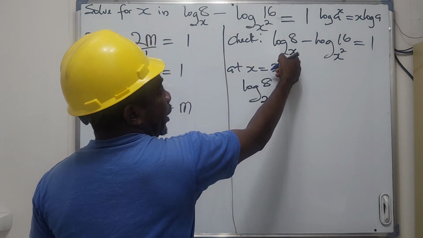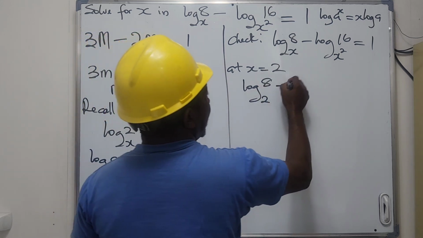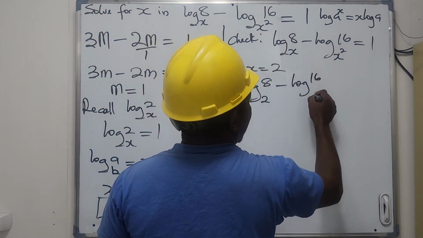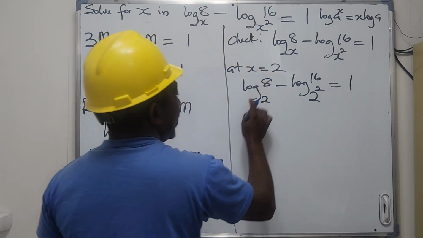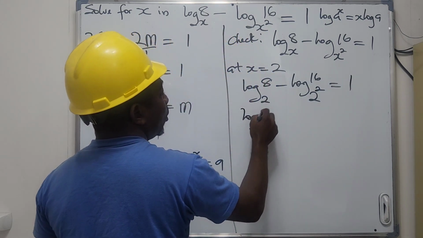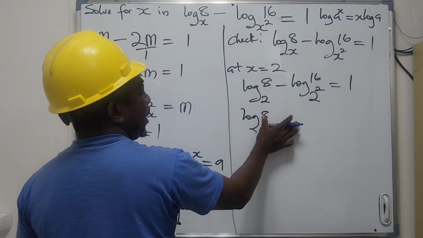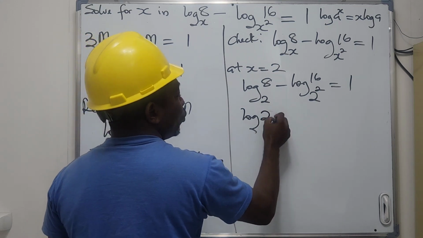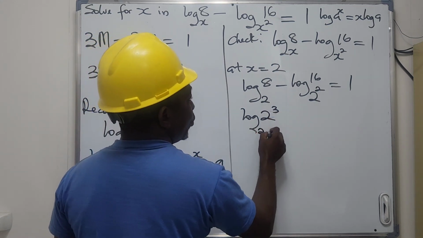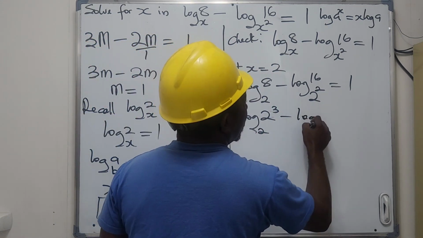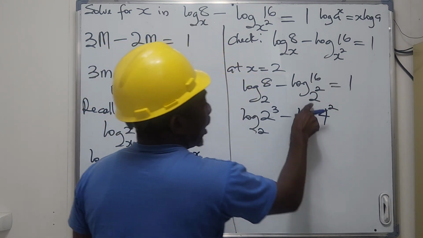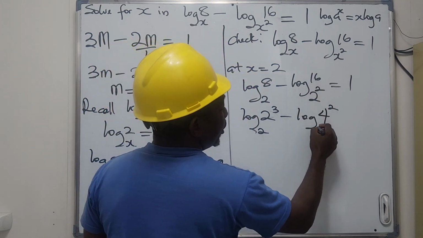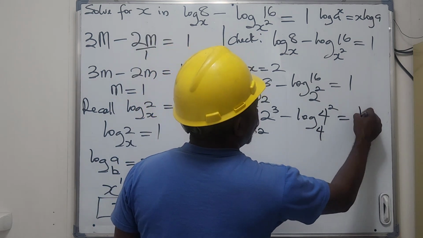We put in the place of x, we put 2, minus log 16 base 2 to the power of 2 equals 1. So here this will become log 8, where 8 can be written as 2 to the power of 3, base 2, minus log, where 16 can be written as 4 to the power of 2, and here 2 to the power of 2 is the same thing as 4, equals 1.